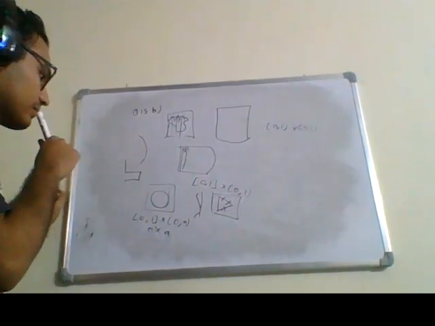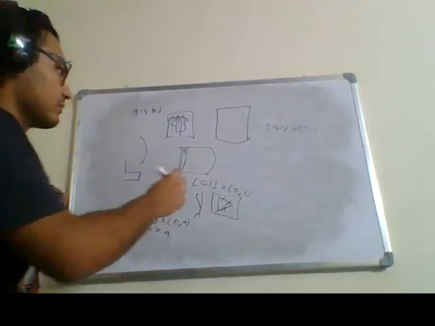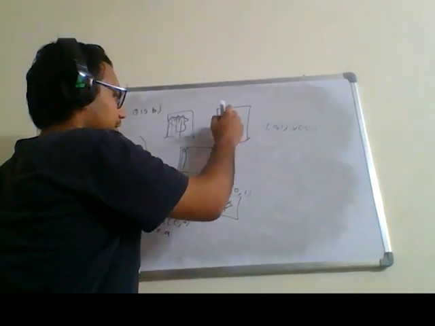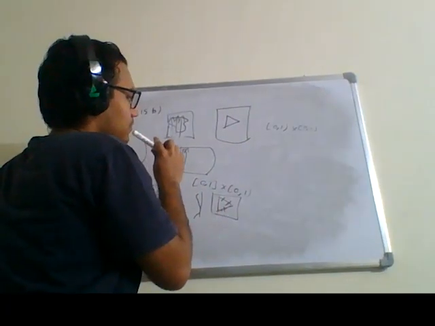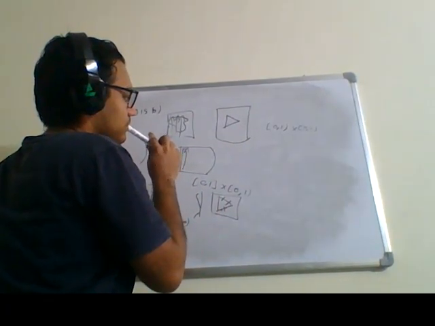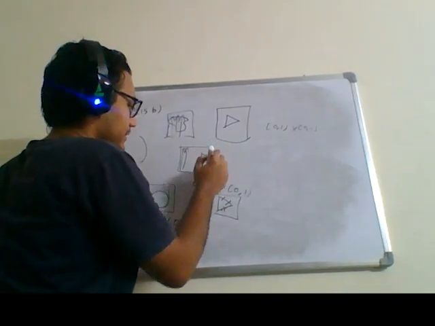Okay, now what about this one? Let's take that same triangle here. We might encounter a problem here now. We'll definitely encounter it at the boundary here, right?